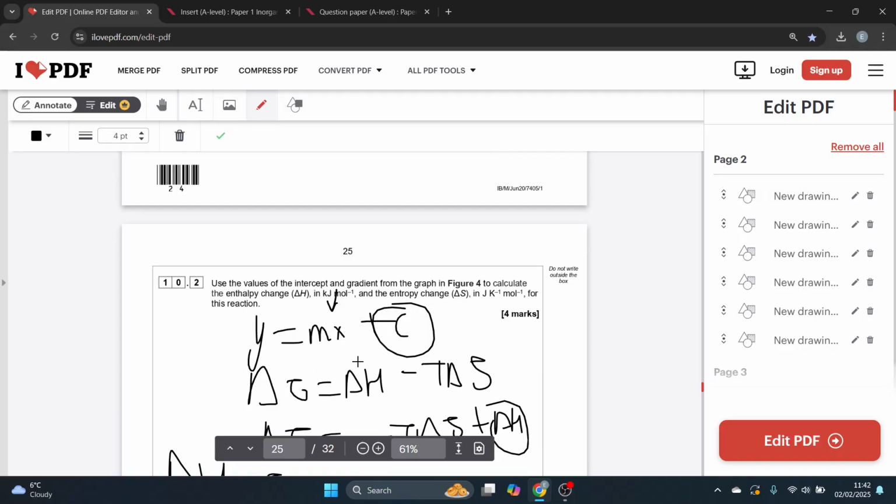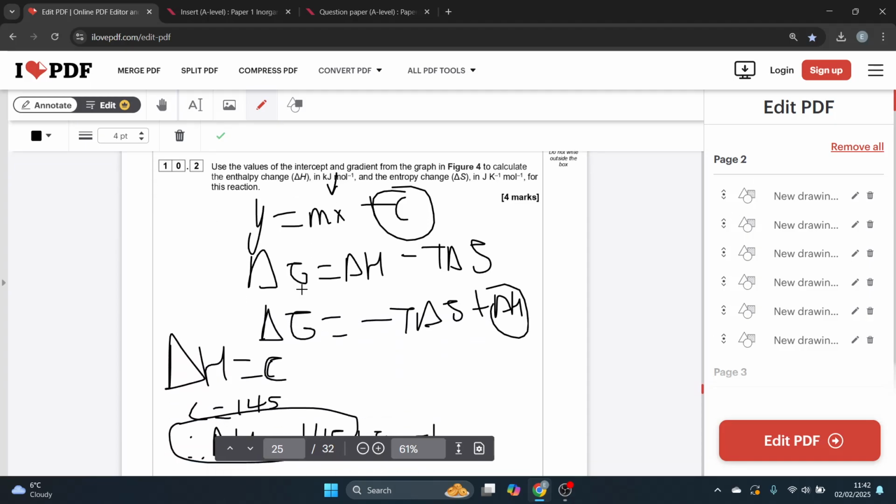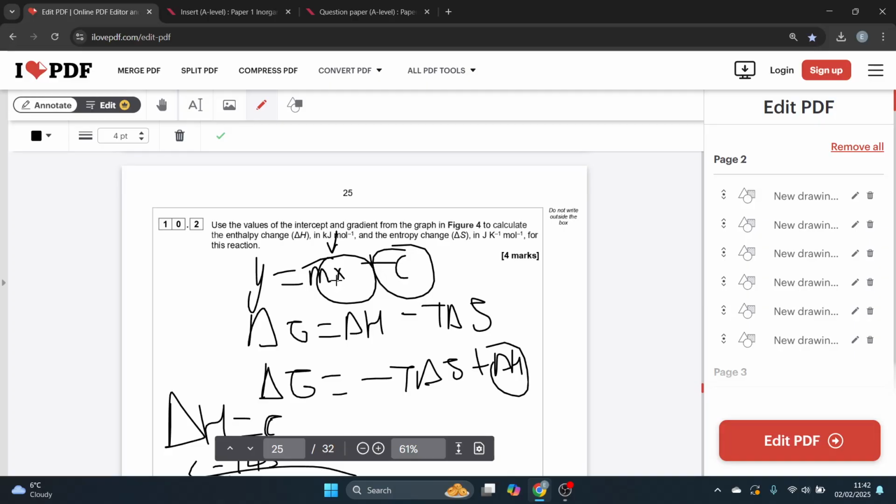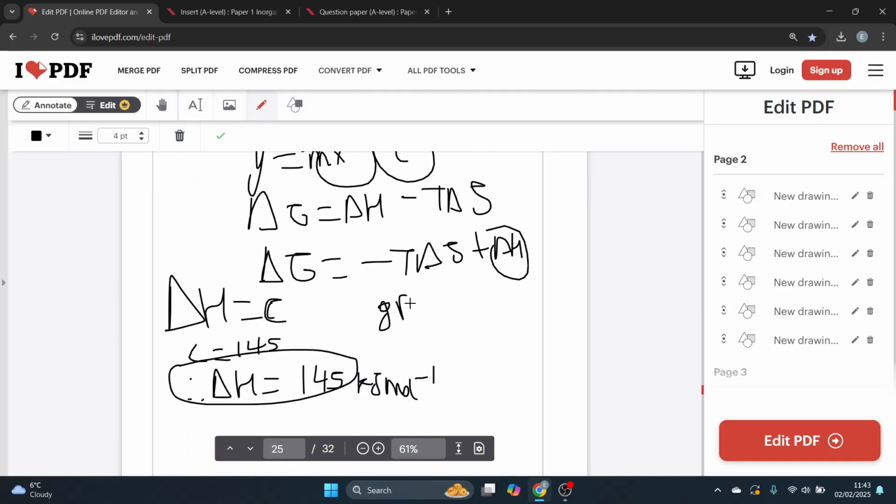Then I've got the delta H and I want the entropy change for this reaction. Well, the entropy change is in the mx term, right? If I find the gradient, I will get minus delta S. So all I need to do now is find the gradient.